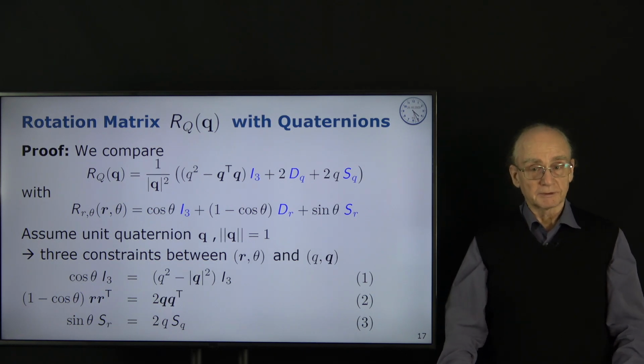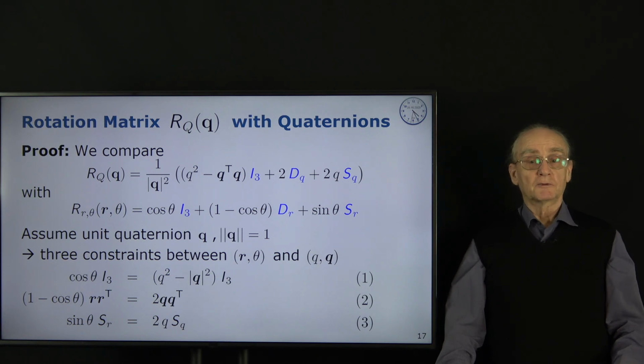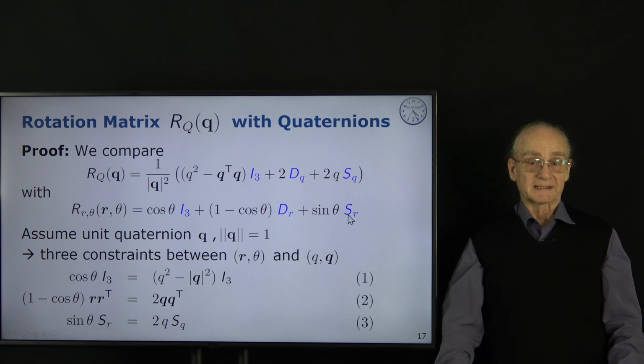So we have 3 constraints, and they need to be fulfilled so that these 2 matrices are the same. And we should be able, hopefully, to derive what is Q, the scalar, and the vector Q as a function of R and theta. So let's do this.